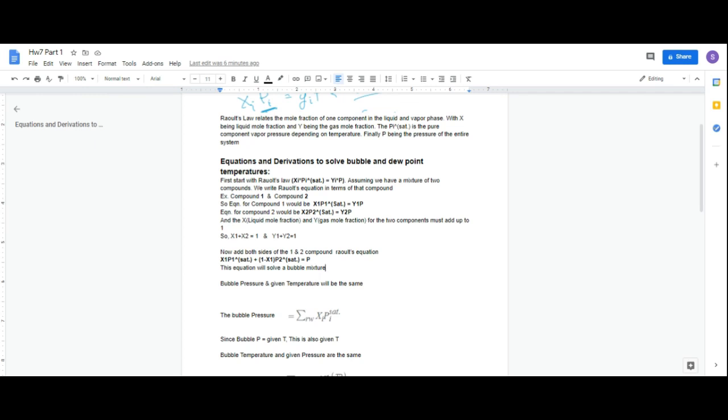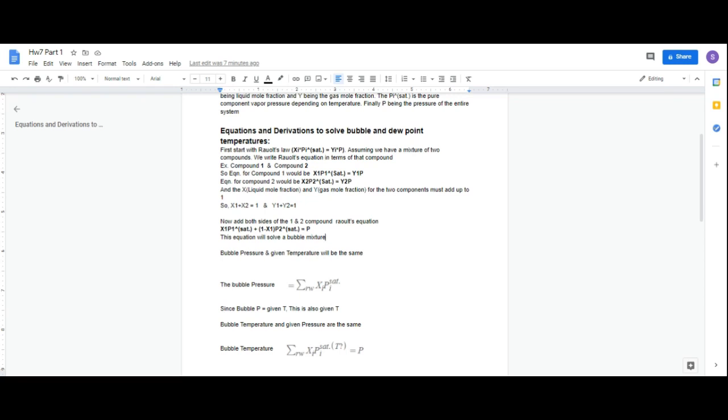The equation for compound 1 would be x1 p1 saturation equals y1 P, and for 2 it would be x2 p2 saturation equals y2 P. The x, which is the liquid mole fraction, and the y, the gas mole fraction, for the two components must add to 1. So x1 and x2 have to equal 1, and y1 and y2 have to equal 1.